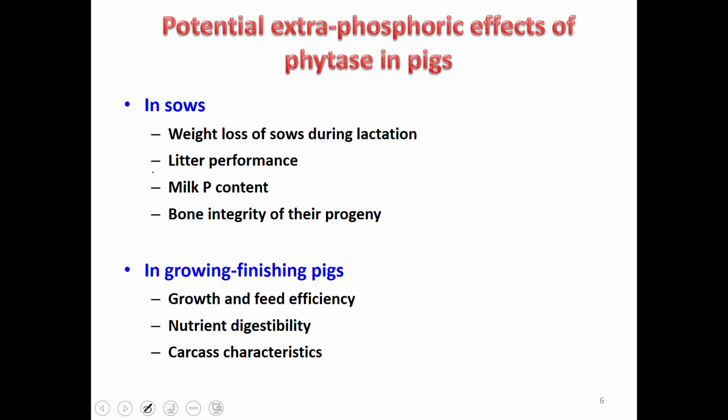And if you use phytase in growing and finishing pig diets, extra-phosphoric effect could be in growth and feed efficiency, nutrient digestibility, and carcass characteristics. So in this seminar, we will look at several research results that demonstrated these extra-phosphoric effects of phytase in sows and growing finishing pigs.